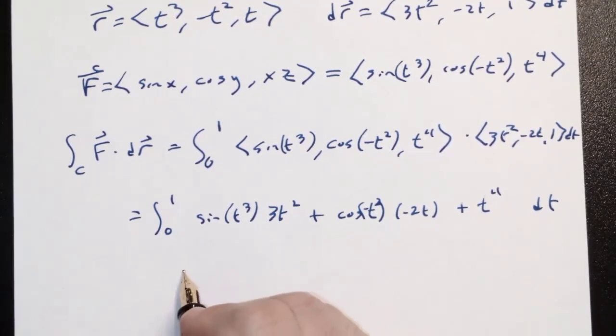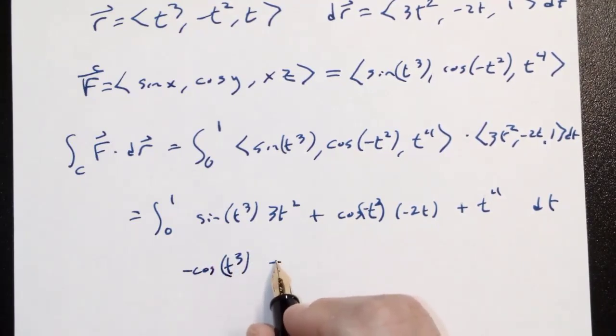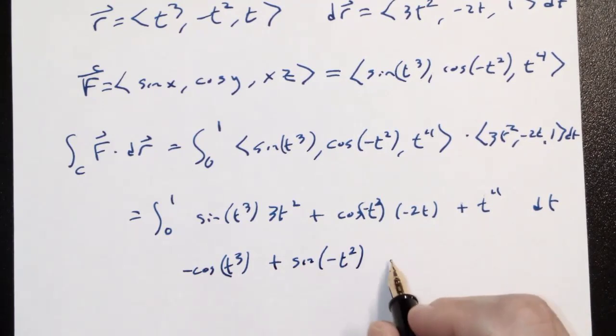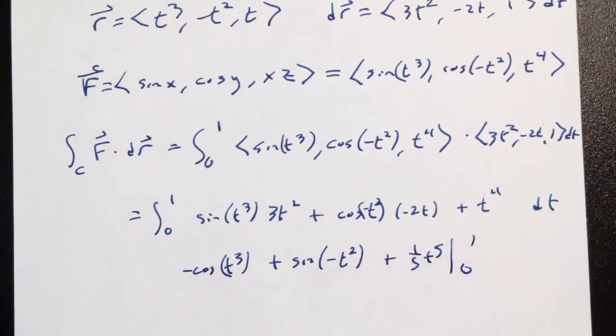Antiderivative of sine, cosine. Result, some ugly decimal.